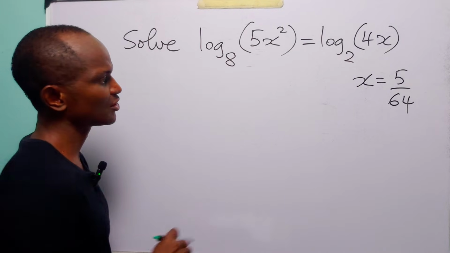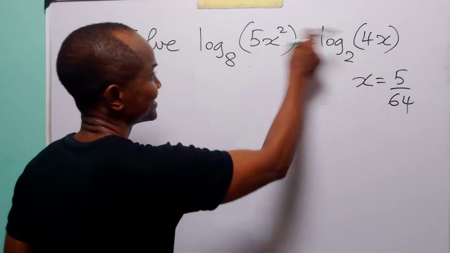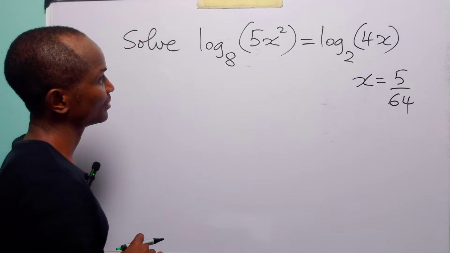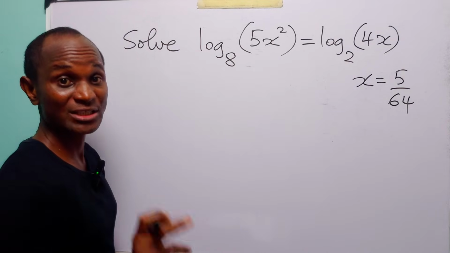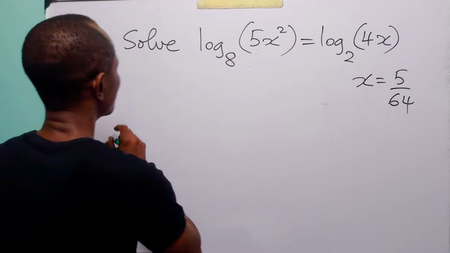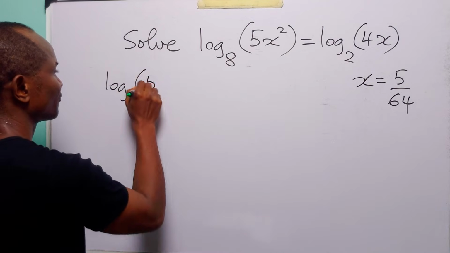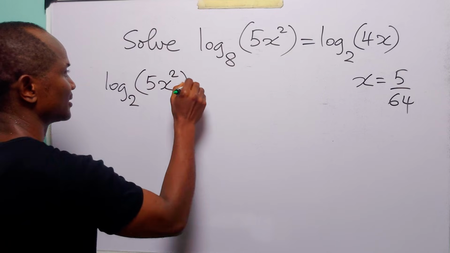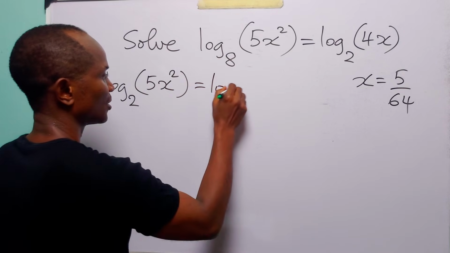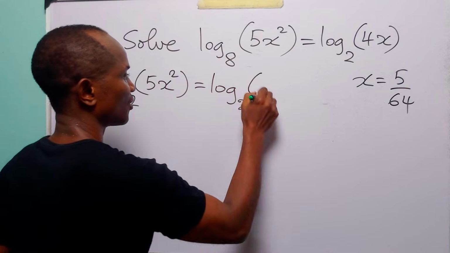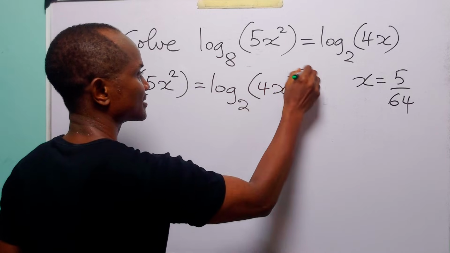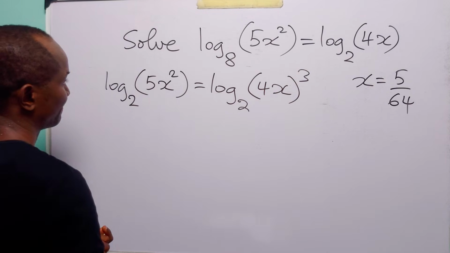Now, to check our answer, let us substitute this value of x into the original equation. But remember that from our change of base, we have this equation as log to base 2 of 5x squared is equal to log to base 2 of 4x to the power 3.